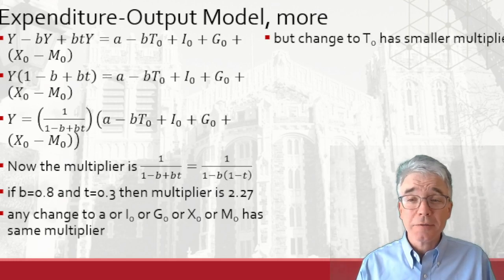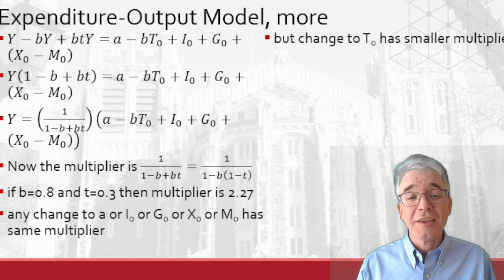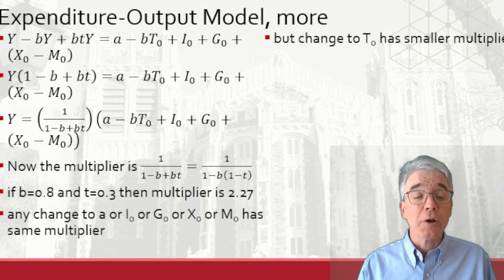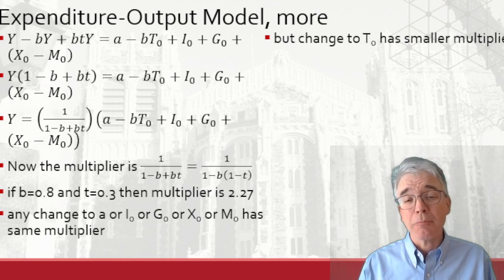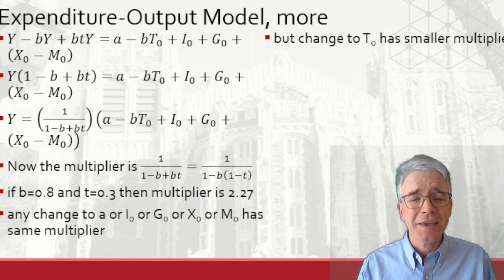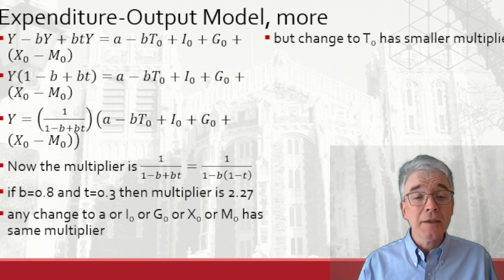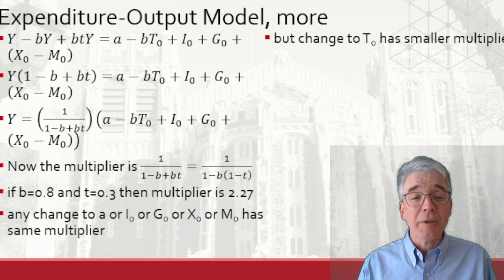The multiplier is changed. It's one of the key things we want to note. Now it's 1 over 1 minus b plus bt. And we can play with parentheses, rewrite it as 1 over 1 minus b times another parenthesis, 1 minus t. But, if b is something like 0.8 and t is something like 0.3, then the multiplier, instead of being 5 as in the previous example, now would be just 2.27.